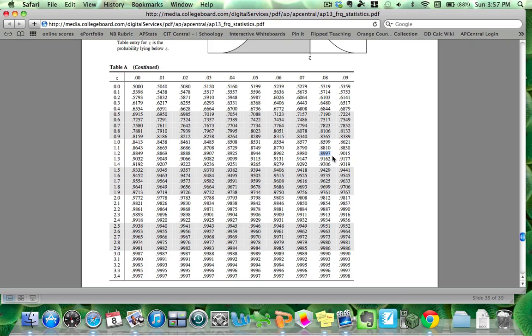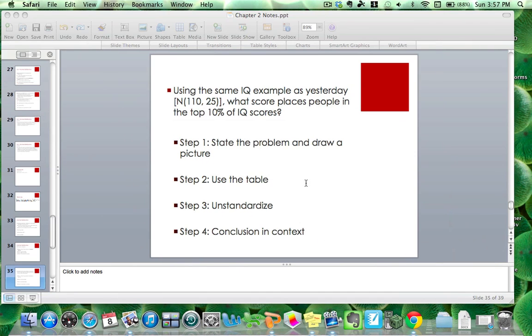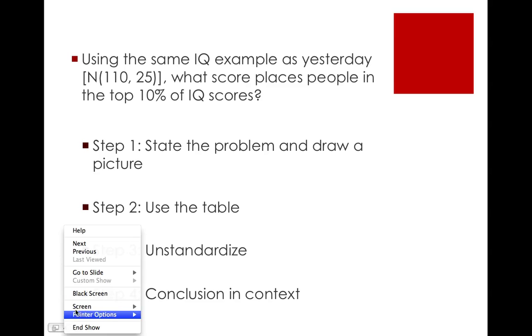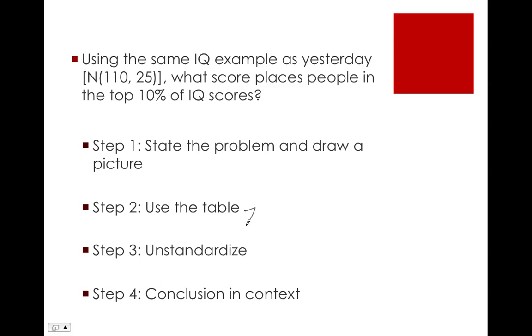And I want you to see what z-score you get. I get a z-score of 1.28. So I'm going to bring this back up. I get a z-score of 1.28.